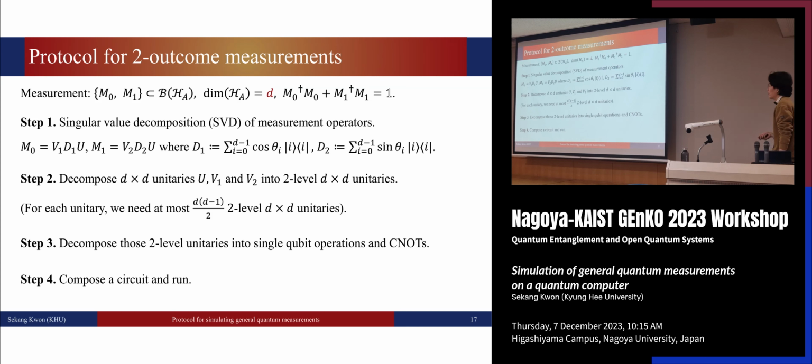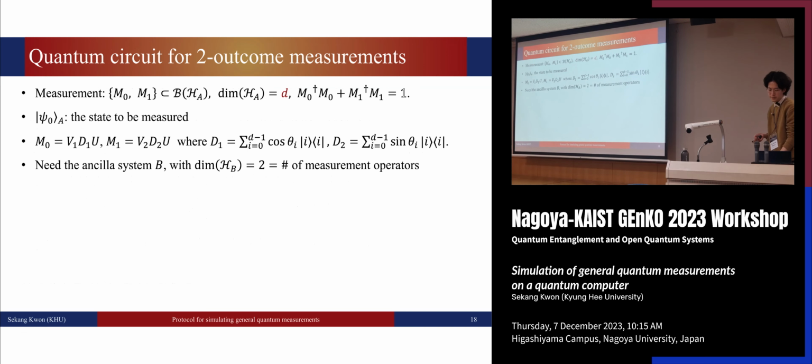And again, we decompose those two-level unitaries into single qubit operations and CNOTs. And finally, we make a quantum circuit and run. So based on the protocol, we can compose the quantum circuit.